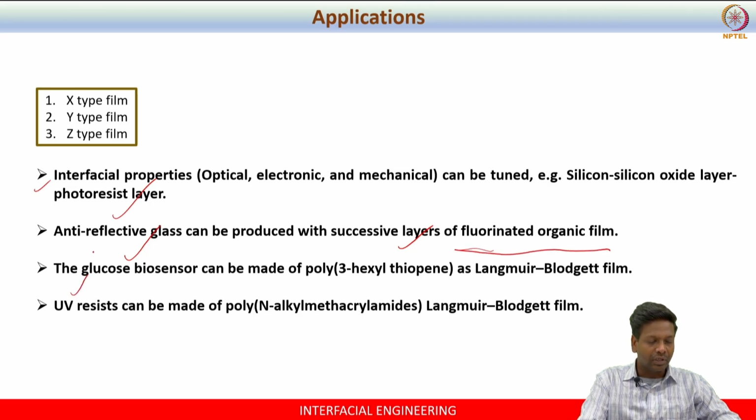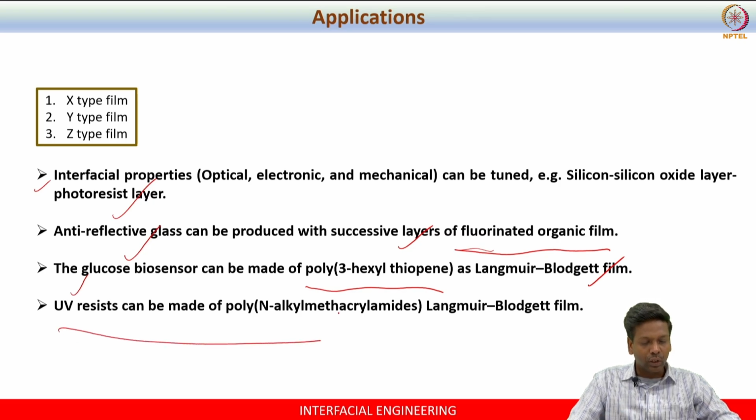If you want to develop a glucose biosensor, you can use this thiophene compound. Using the LB film you can achieve this biosensor film, and you can also develop a UV resist film based on this compound. These are various applications of LB, Langmuir-Blodgett deposition, right?